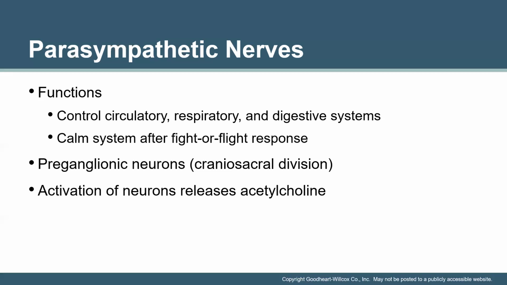So the activation of both preganglionic and postganglionic neurons in the parasympathetic system will trigger the release of this acetylcholine. And it brings us out of fight or flight. So we need it to be working right alongside sympathetic tone.